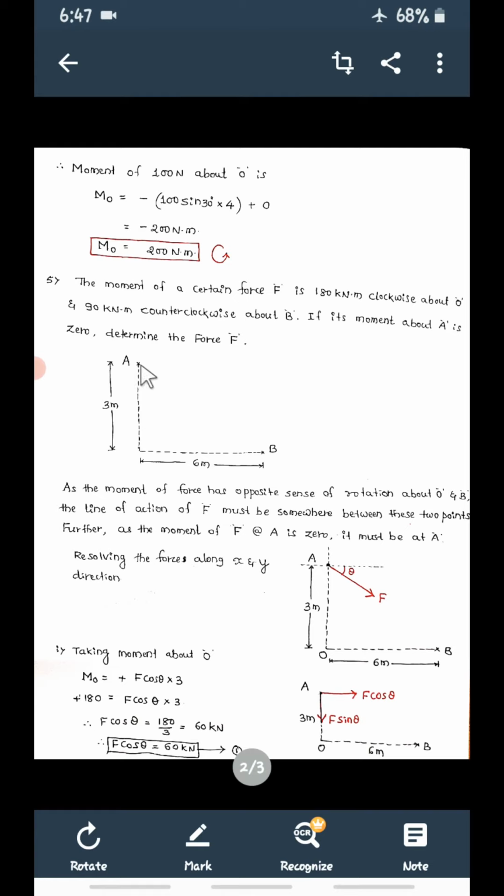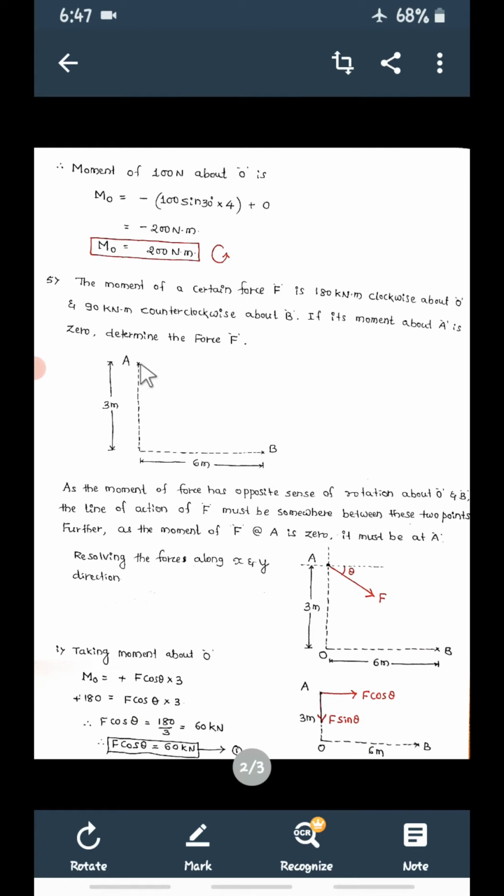The force should be at A only, such that if you provide force F at A, these two conditions should be satisfied. If I provide a horizontal force F here, no doubt it should be at A only, because the moment of that force is 0, meaning the force should be acting at A only.